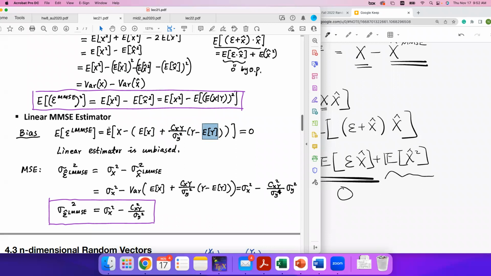By linearity of expectation, this outer expectation goes into the random variable y, so it becomes the expectation of y, which gets canceled with this term. So all the terms get canceled out. You get 0, which means the linear MMSE estimator is also unbiased. This is a very nice property: at least the mean value is accurate.